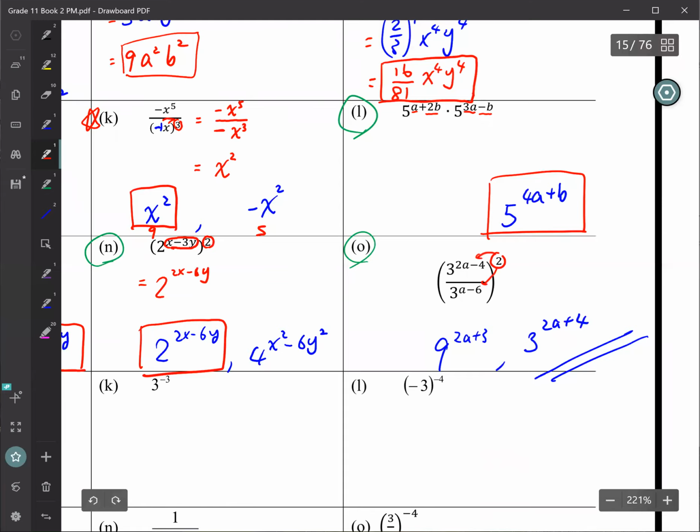Or what you can also do is you look at the inside. You have base of 3, so they are dividing. We could simplify the inside first. I would prefer that, okay? So let's say we keep the square on the outside for now. Inside need to subtract, okay?